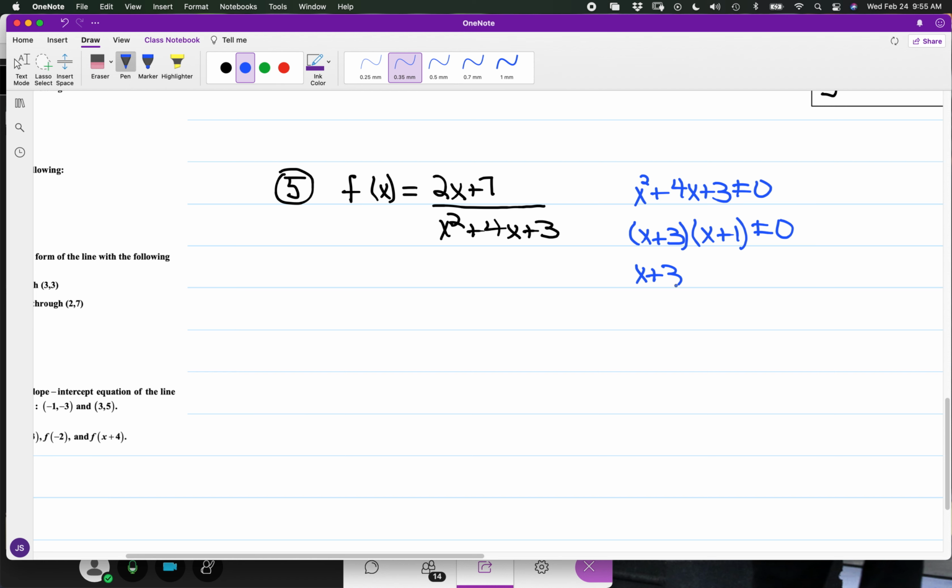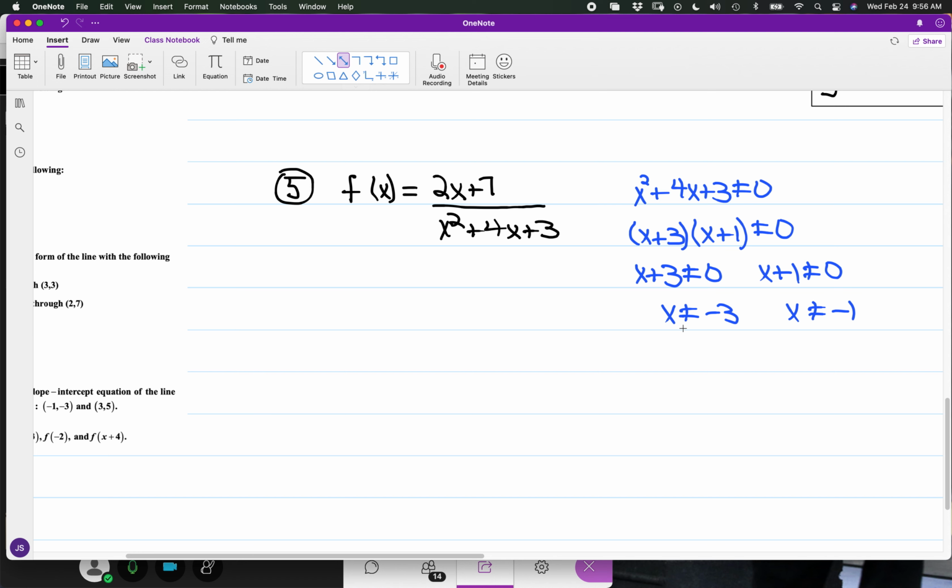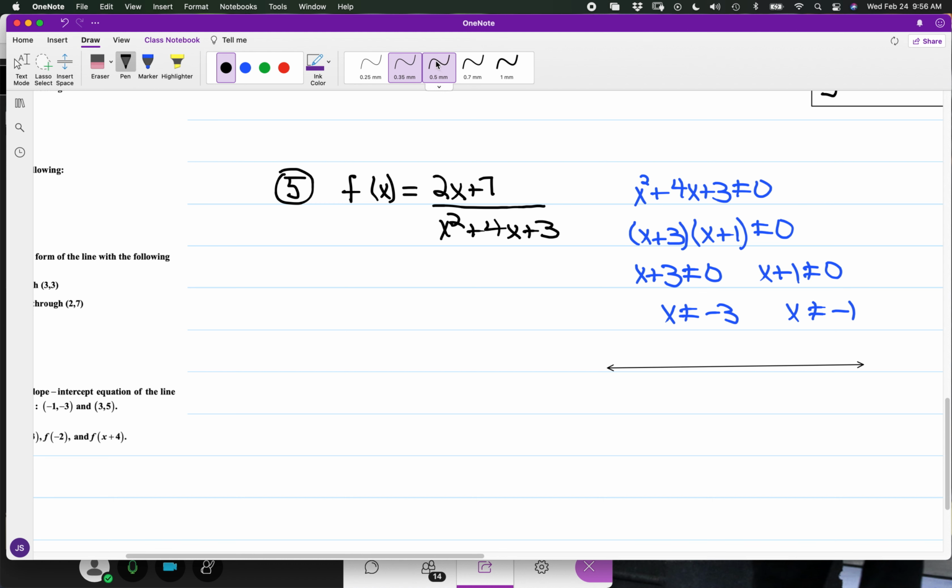So for x plus 3, if this cannot be 0, then x cannot be negative 3. If x plus 1 cannot be 0, then we also have that x cannot be negative 1. And so we have the exclusions of interest, negative 3 and negative 1. So we have a hole at negative 3 as well as a hole at negative 1.